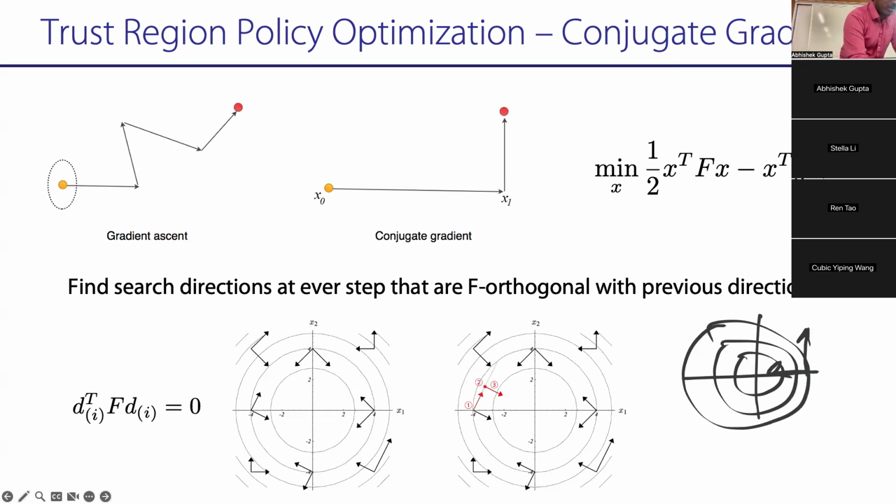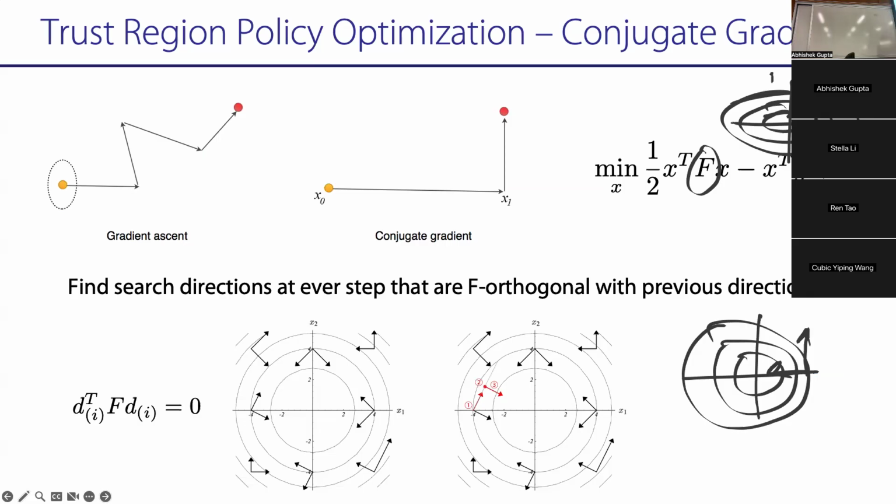But when your problem has a different F, which warps your space, you want to take things that are orthogonal under your warped space. You can think of F as stretching your space like an ellipsoid, and you want things that are orthogonal under that stretched ellipse.